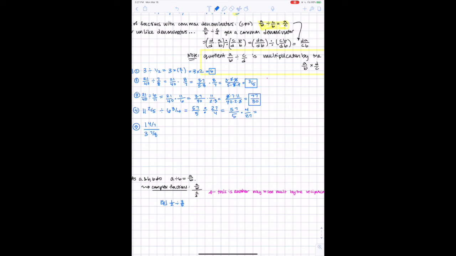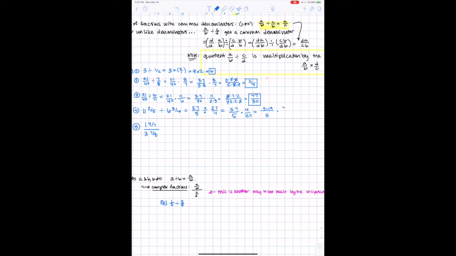Let's see. 27 is 3 cubed, and I don't think 57 is divisible by 3. Or wait, no, it is. Okay, never mind. Sorry about that. So 57, I think, right, because 7 plus 5 is 12, which is divisible by 3. Yeah, so 3 times 19 is 57.